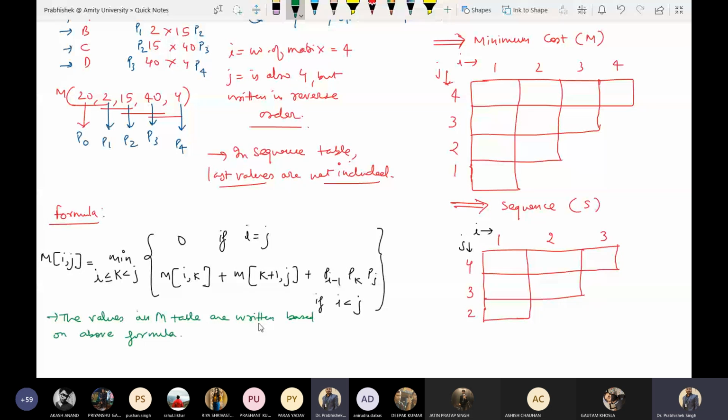The values of the M table are written based on the above formula.